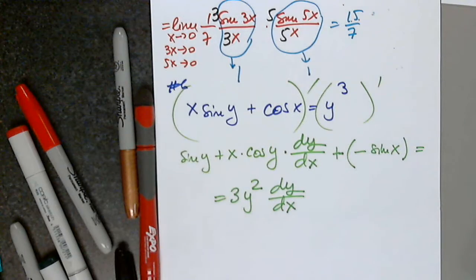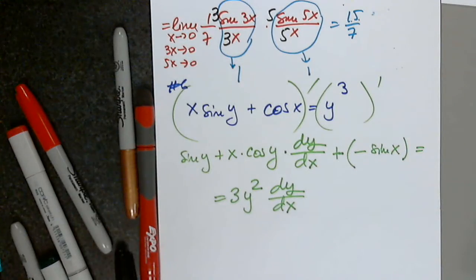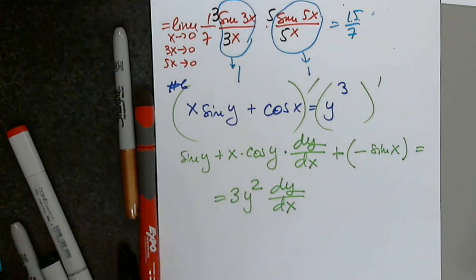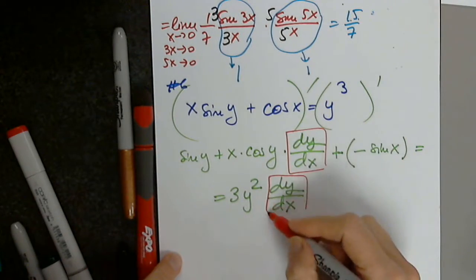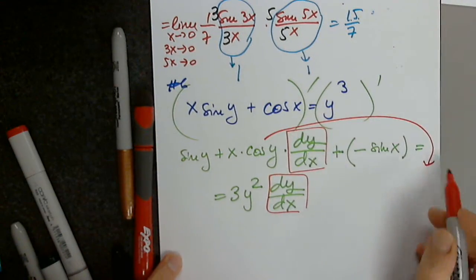Is this clear so far? Do we understand each step? Yes? Sorry about that. So, is this okay? Remember, I'm after dy over dx. So first I will move this to the other side.